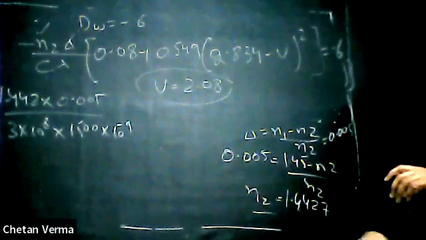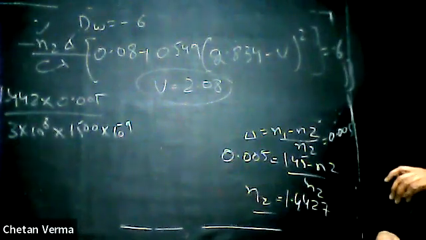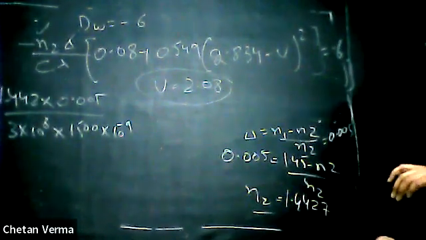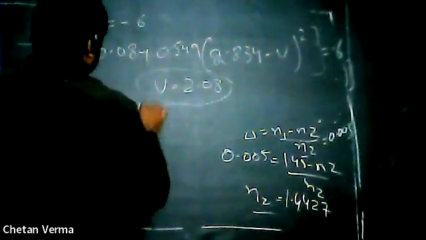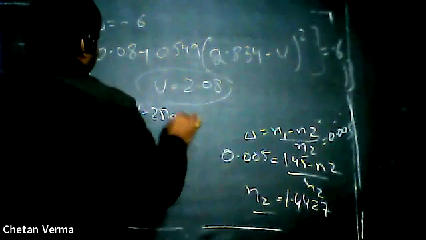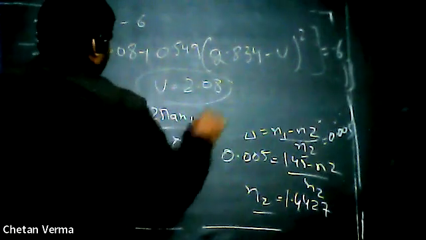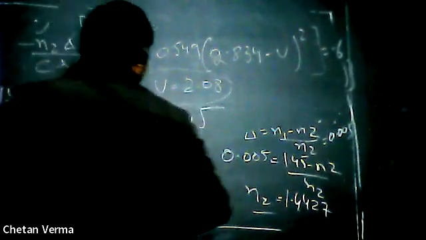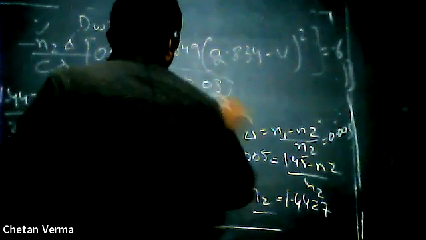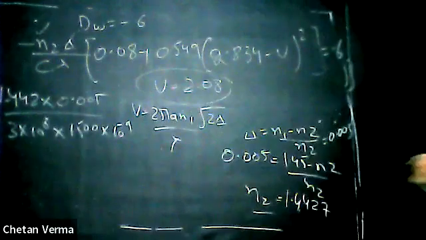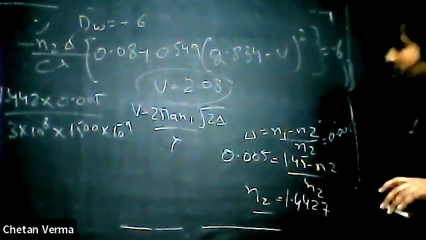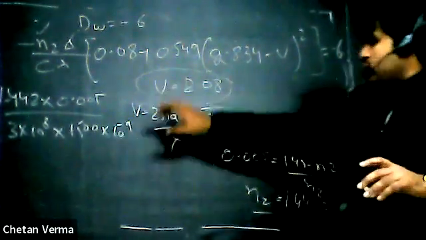Okay, V is now given. So the formula of V is 2 pi a n1 by lambda times the square root of 2 delta. That is the formula of the V parameter. According to this, V is given as 2.08.